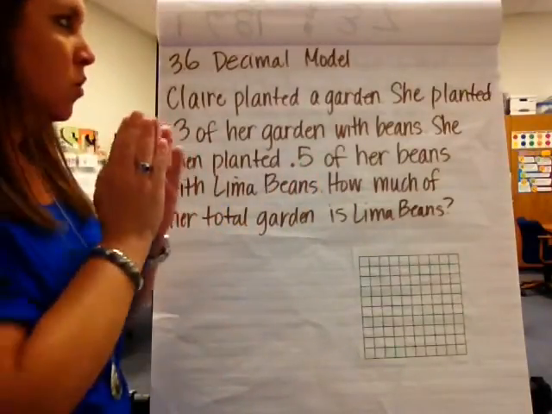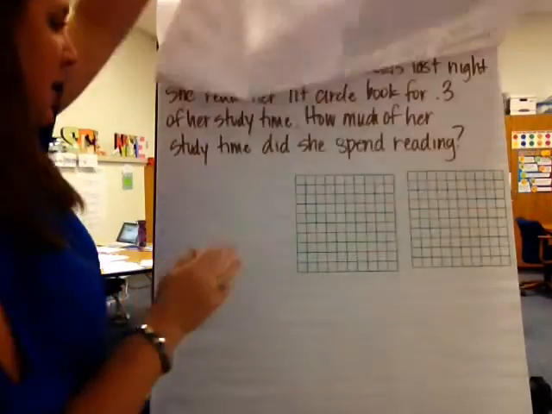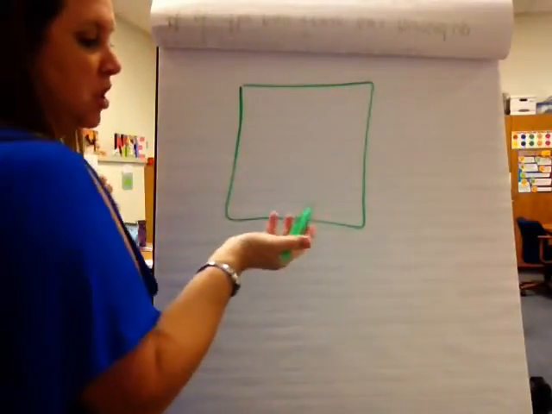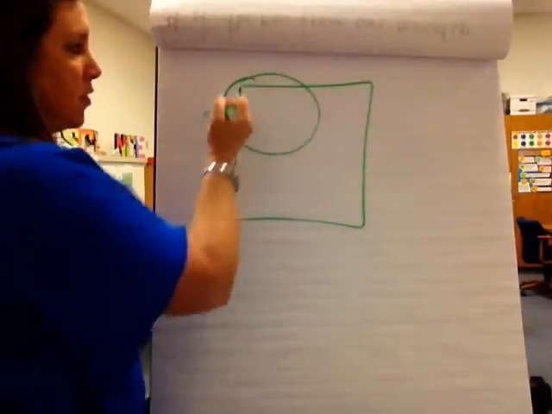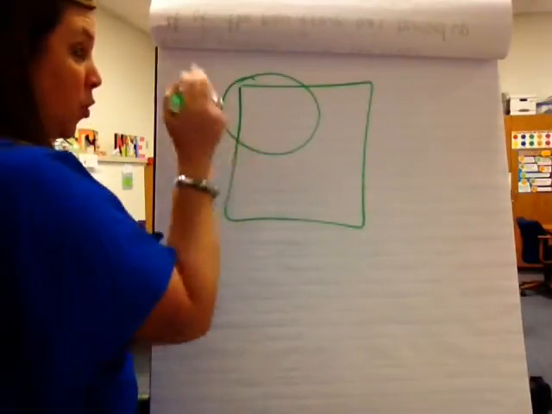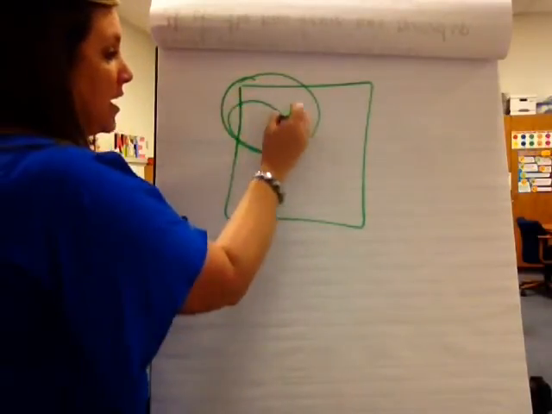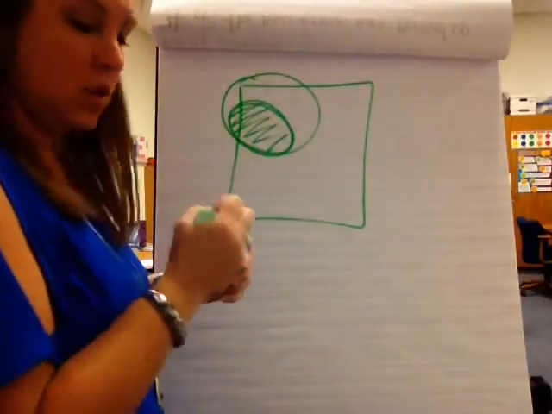No. What you're having to understand here is I'm taking, for instance, this section. So I'm saying in this section, she's getting 3/10. So let's say 3/10. So of her 3/10, 5/10 is her lima beans.